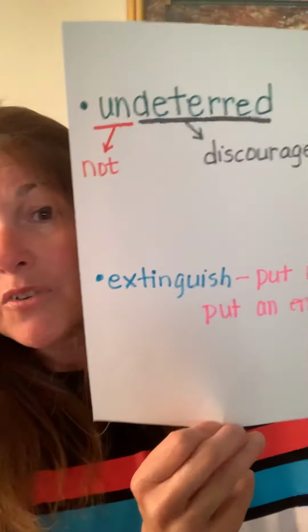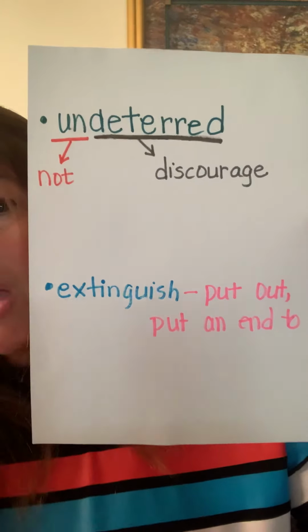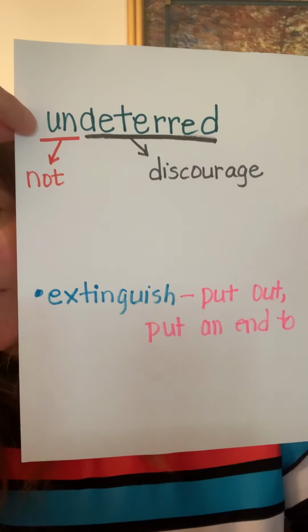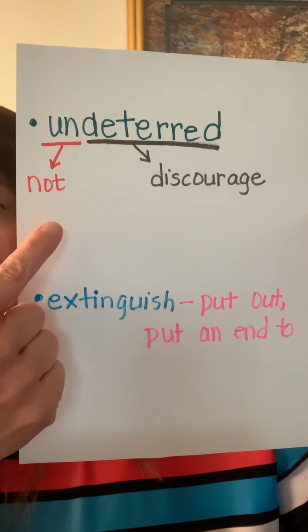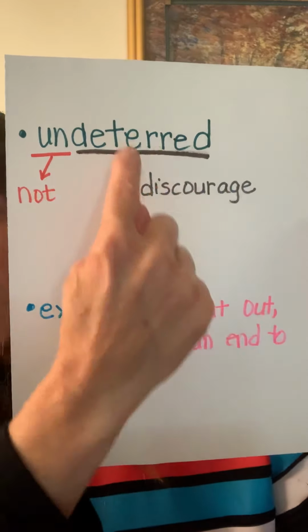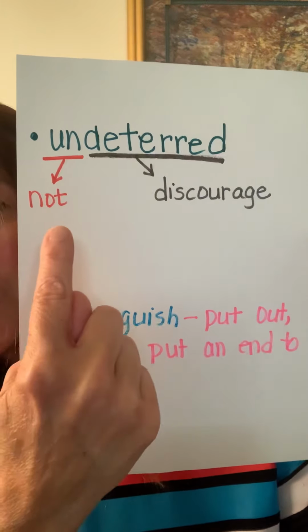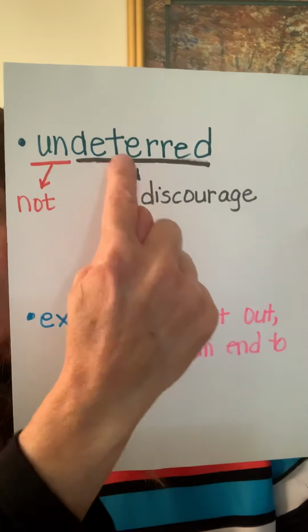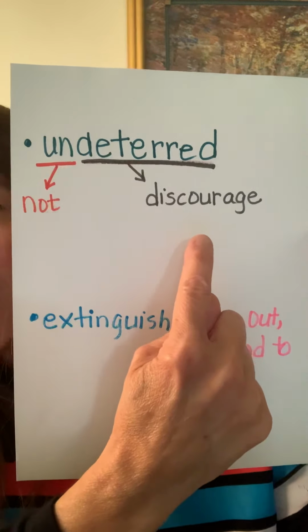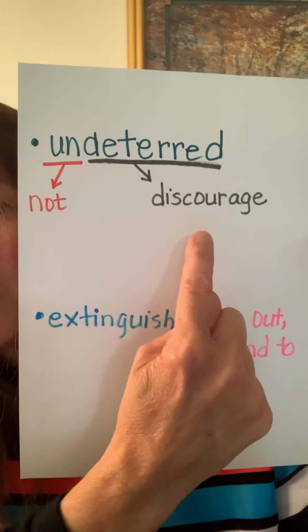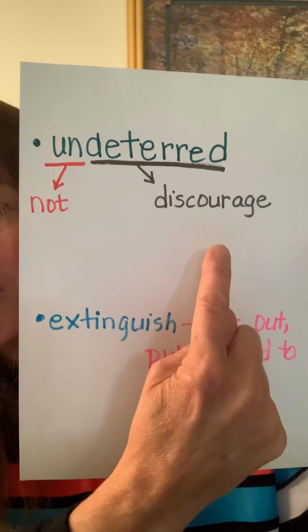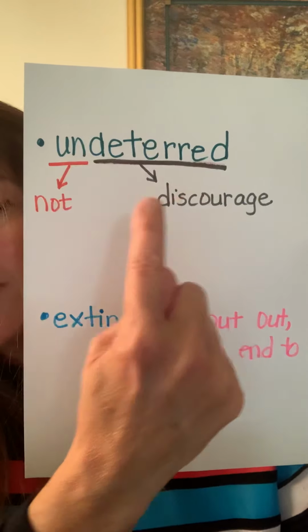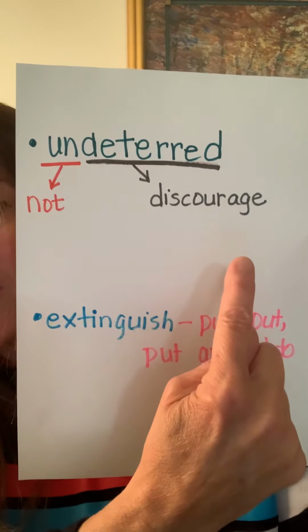I want to talk about 2 vocabulary words that we're going to encounter in our lesson. The first word is undeterred. Remember the prefix un, we've talked about this, that means not. So whenever we can figure out what the root word is, we can know that not means the opposite of what it is. So if deterred means discouraged, and if he's undiscouraged, he's not discouraged, undeterred means not discouraged.